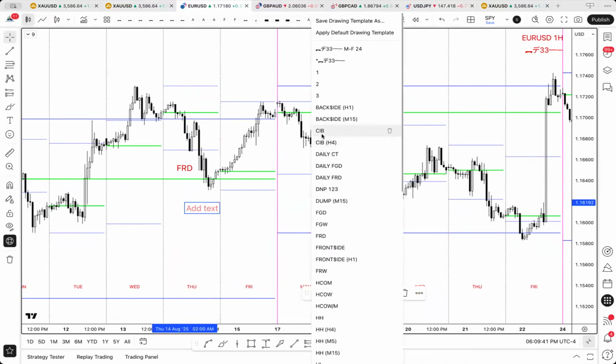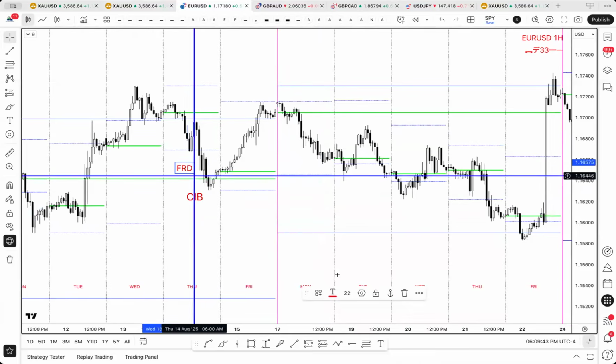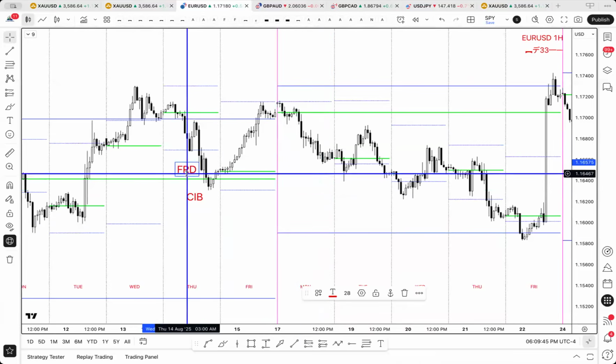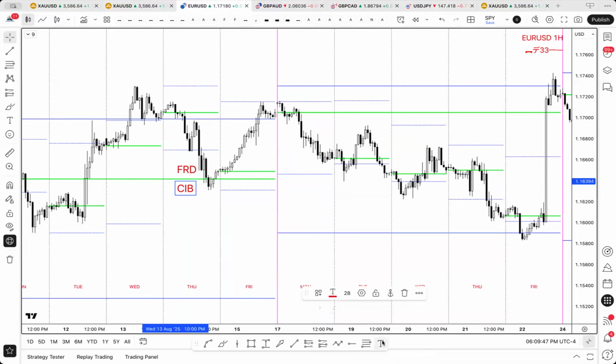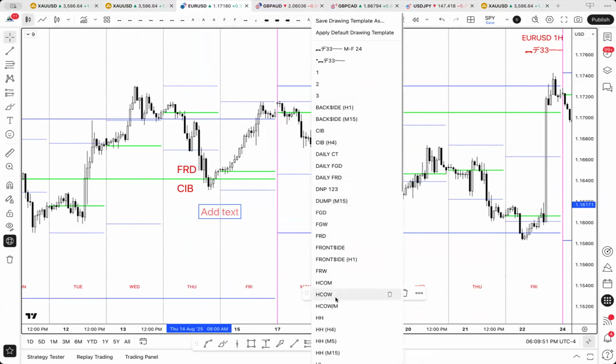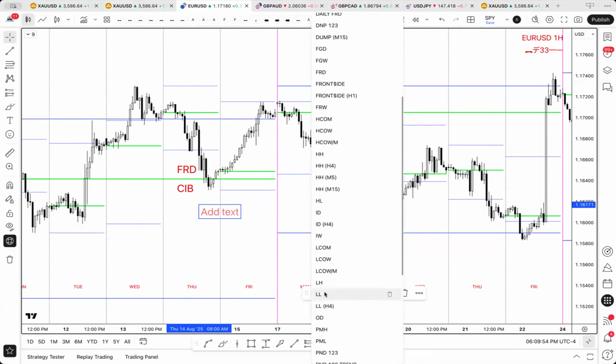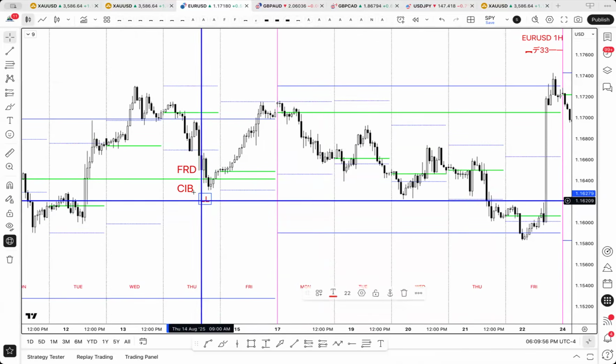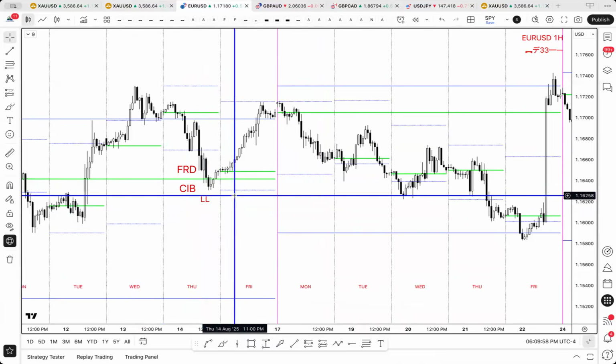I wanted to find that. Found it. First red day, closing breakout, lower lows, which is the recipe for the pump and dump. Mind you, I'm annotating all of this beforehand.